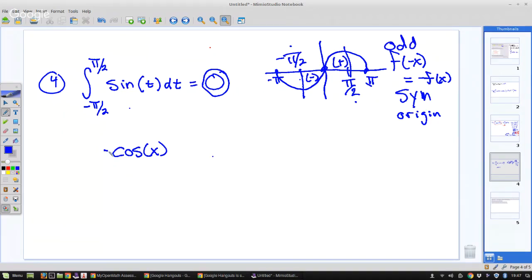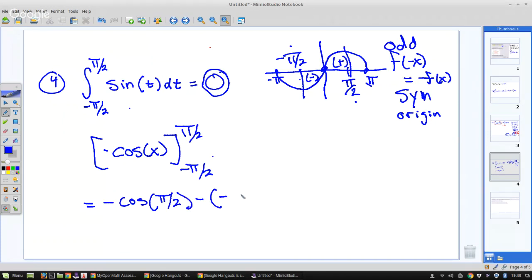So if I take the derivative of the negative cosine, I'll get the opposite of the negative sine. Evaluating that from negative pi over 2 to pi over 2, we get the opposite of the cosine of pi over 2 minus the opposite of the cosine of negative pi over 2.